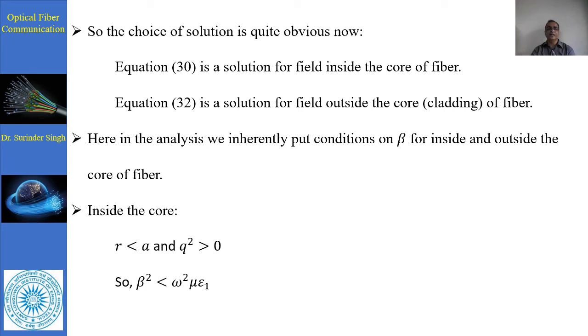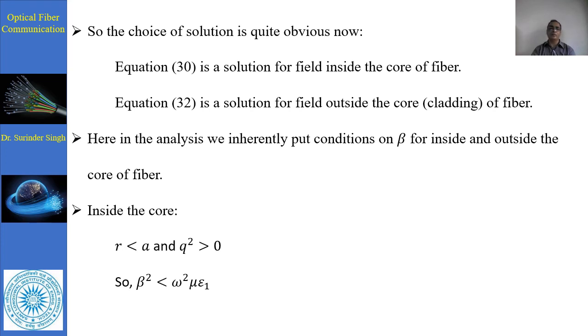Beta for inside and outside the core will give the value inside the core, when the radius r is less than a, then q square is equal to 0 or greater, and in that case beta square is less than omega square mu epsilon 1 inside the core.